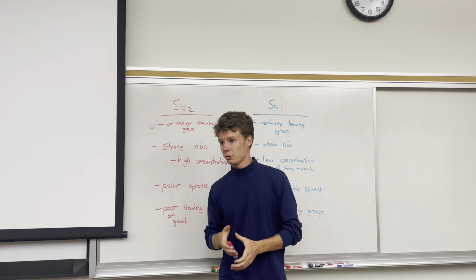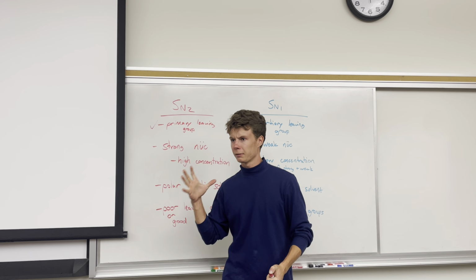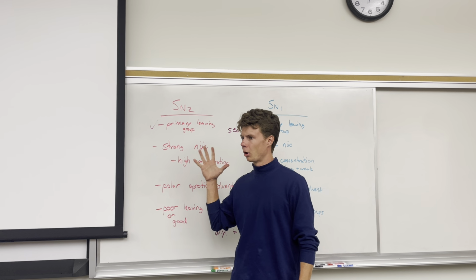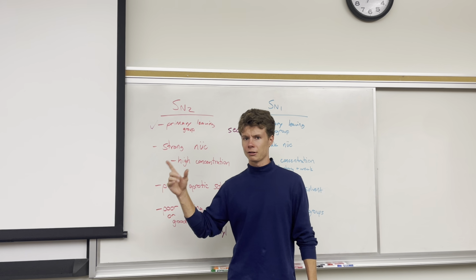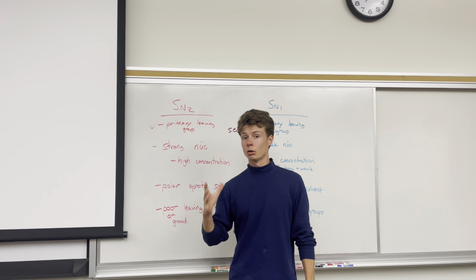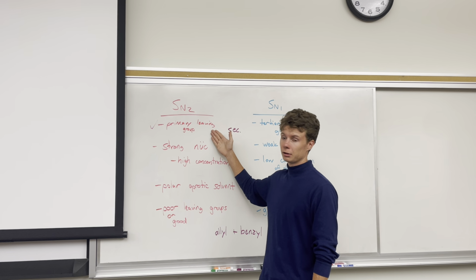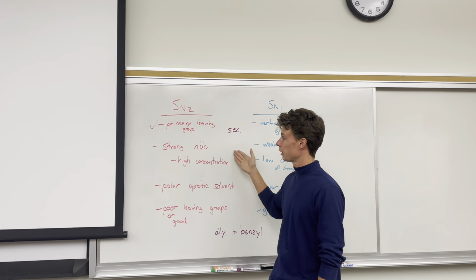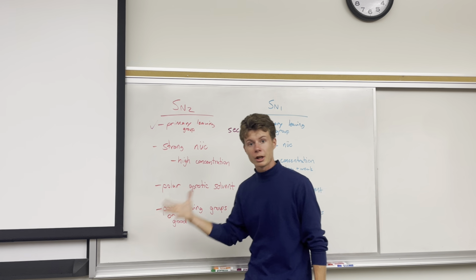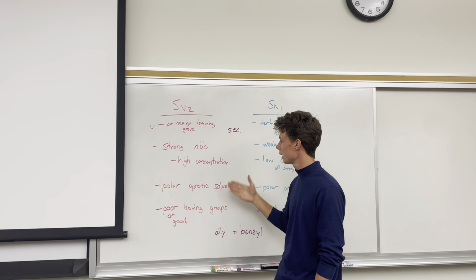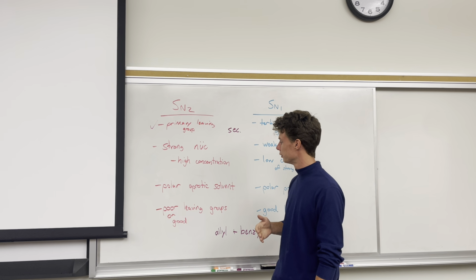Think of SN2 as all in one step, a fast mechanism. So what conditions are really going to favor that? Low steric hindrance, strong nucleophile at high concentration. All those are telling me this is going to be a fast reaction.